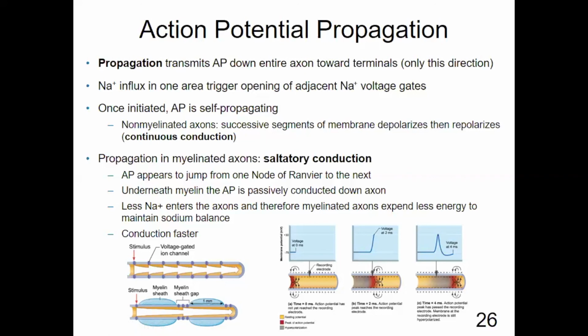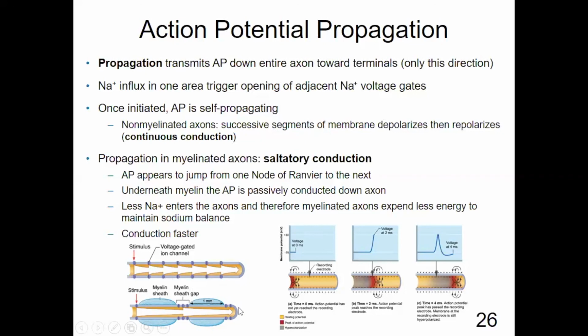So these gaps in the myelination are called nodes of Ranvier, and the conduction of an action potential jumping from one node to the next node to the next node is called saltatory conduction.